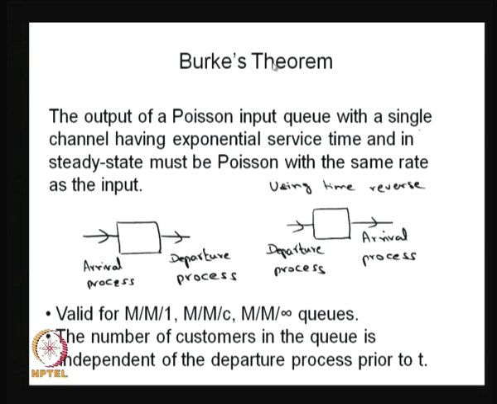That is given by Burke's theorem. The output of a Poisson input queue with a single channel having exponential service time, in steady state, must be a Poisson process with the same rate as the input.